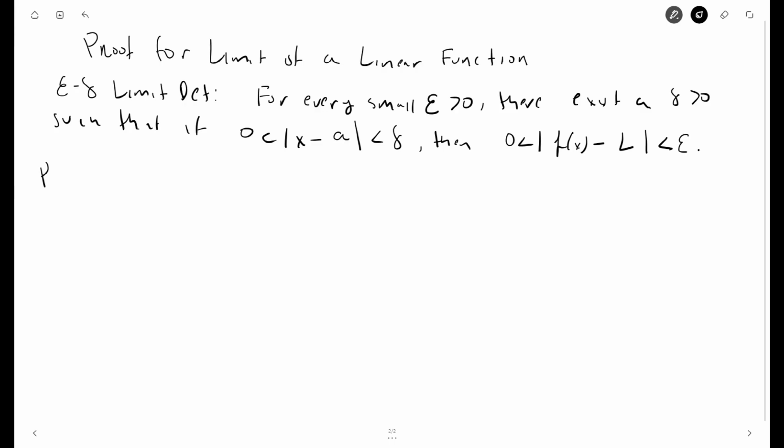So now the proof. Let f of x equal to mx plus b.